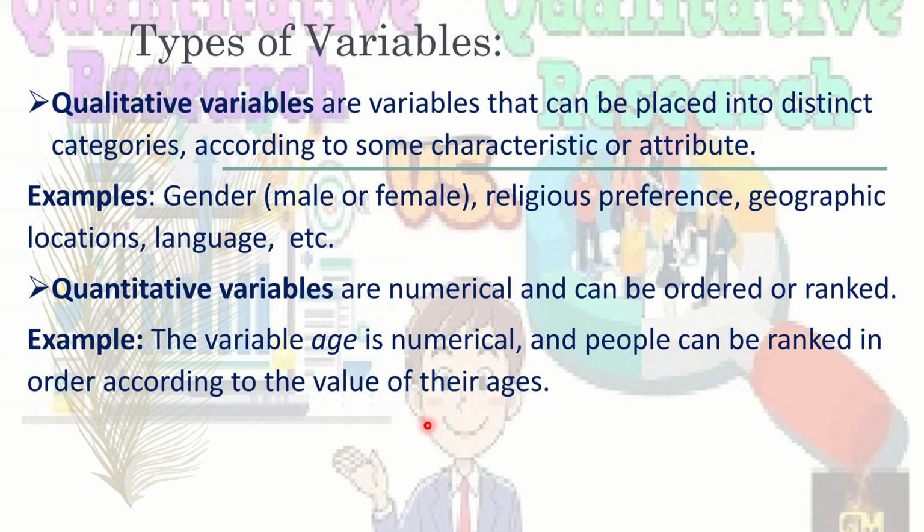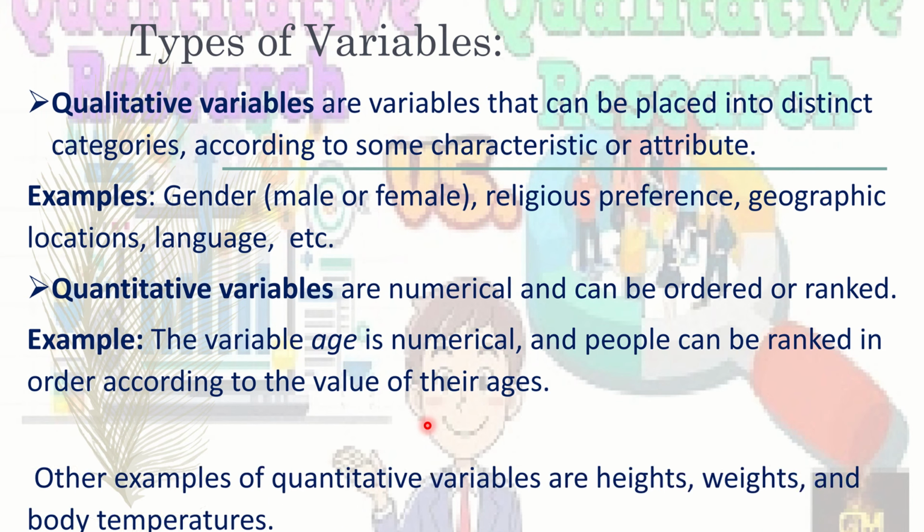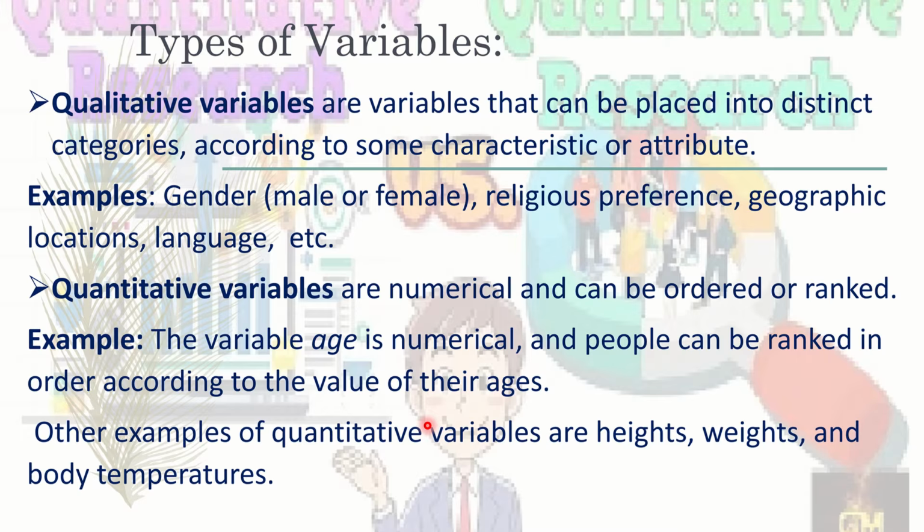The same thing with height, because height is a numerical quantity, and obviously it can be categorized as well. So height, age, weight, length, all these are quantitative variables. Body temperature is also a quantitative variable.